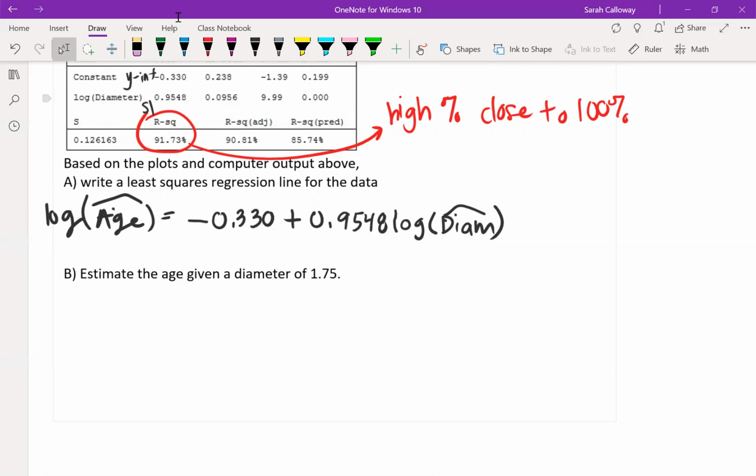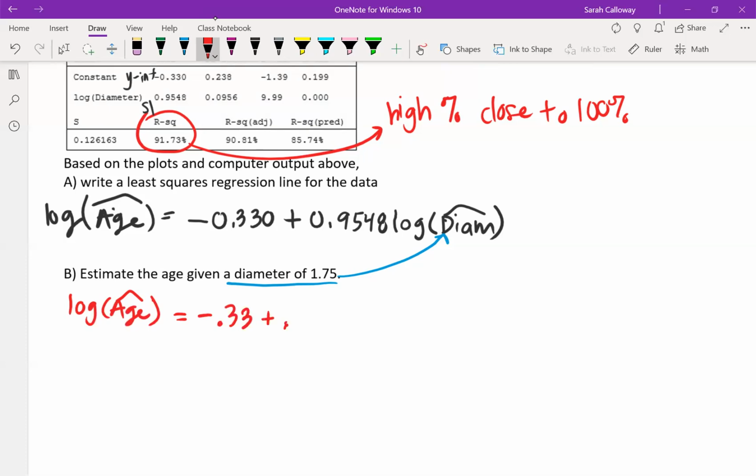And then I'm given a diameter of 1.75. So I'm going to plug that in in order to estimate the age that they're looking for. So log of age hat is going to be equal to, I'm going to be lazy and drop some zeros, negative 0.33 plus 0.9548 times the log of 1.75.